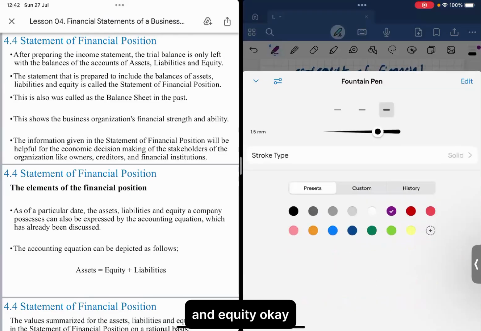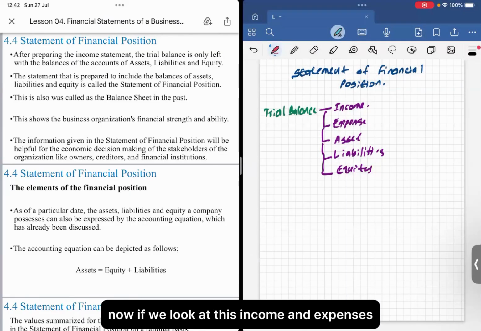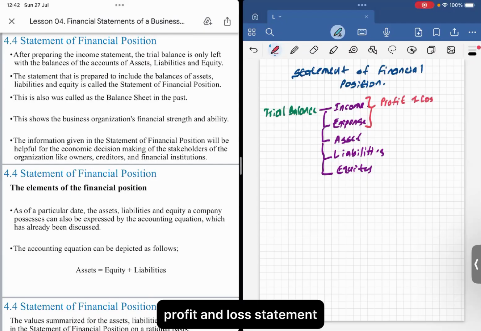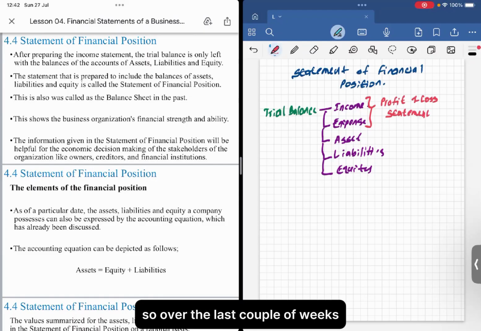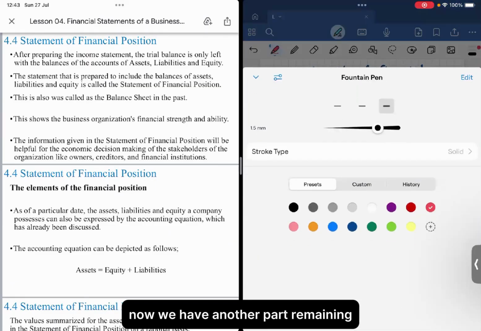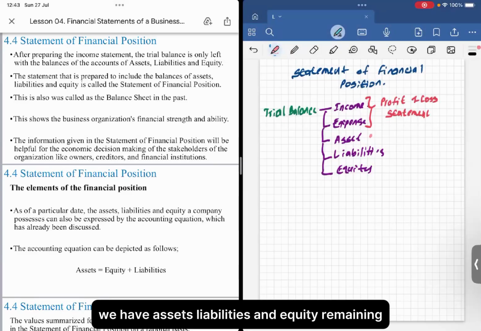Now, if we look at income and expenses, we made the profit and loss statement. Over the last couple of weeks, we studied this profit and loss statement, where we address the income and expenses. Now we have another part remaining: assets, liabilities, and equity.